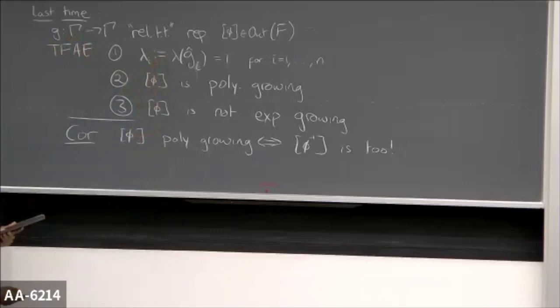I had that as an exercise, but I think that's kind of mean. Yes, they have the same degree, but this is not strong enough to prove that. So you might want to talk about stronger properties of relative train tracks.